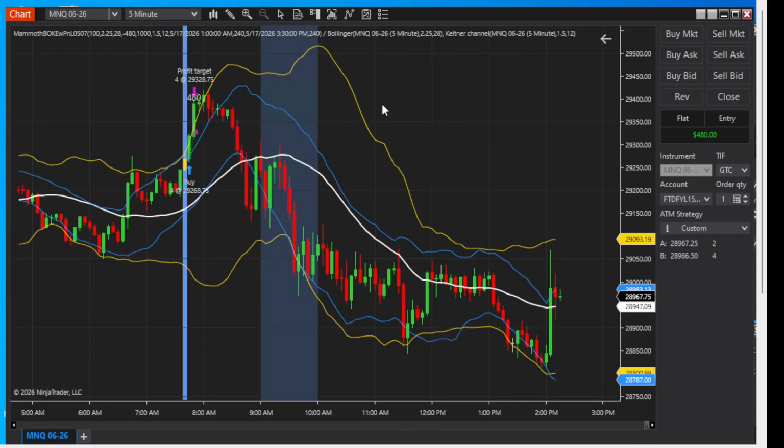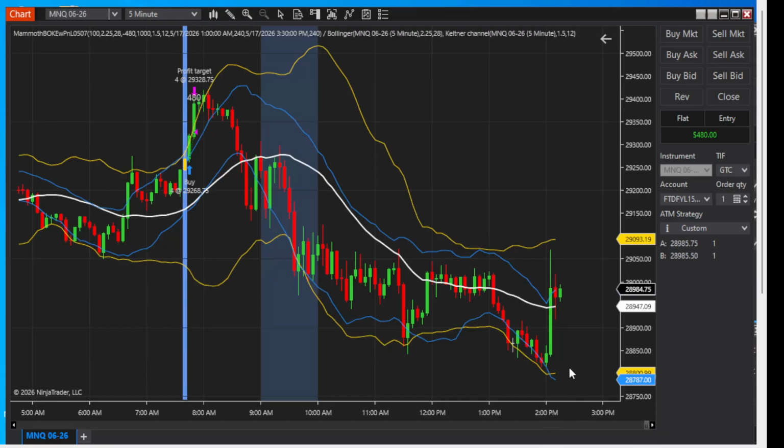When the strategy is enabled, you'll see the indicators displayed on the chart, and they'll tell you what the current market is doing. Look at this, there are really no trades until this Bollinger Band goes inside of the channel and then breaks out again.